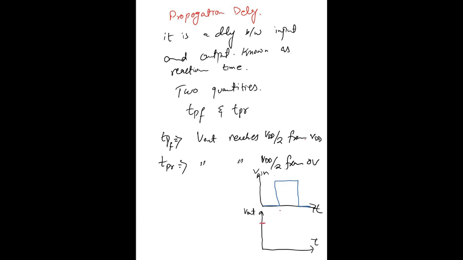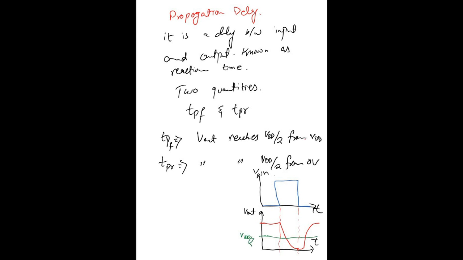Initially it was at VDD, then it goes to 0, and after some time it goes to a high value. We want to know the time when this voltage crosses the level VDD by 2.